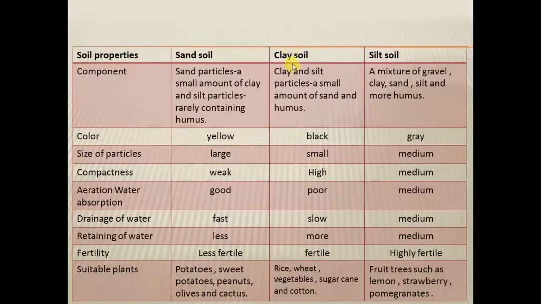In the clay soil, we can plant rice, wheat, vegetables, sugar cane, and cotton. Those are the plants suitable for cultivating in the clay soil. What about the silt? The silt soil is suitable for planting fruits. Yes, fruits such as lemon, strawberry, and pomegranate. Those are all the plants suitable for each soil.